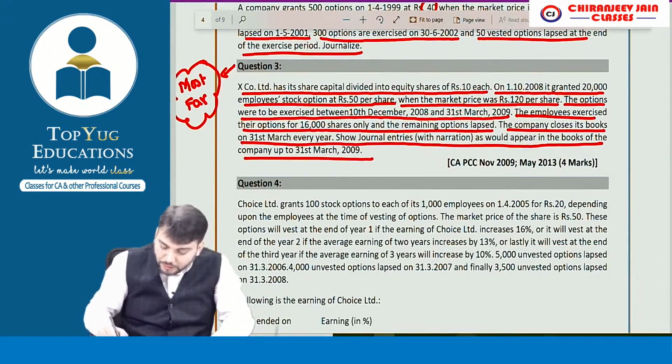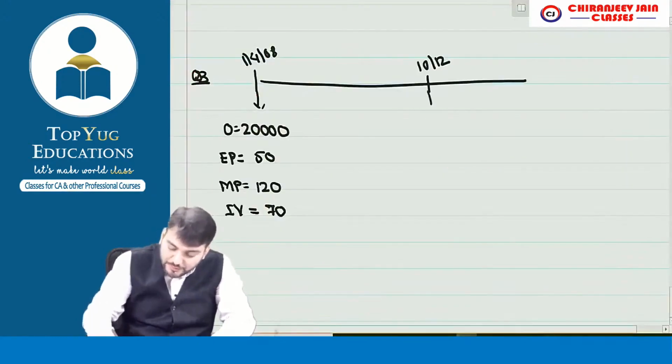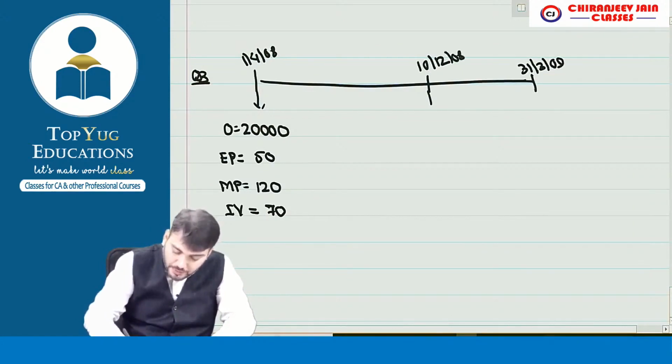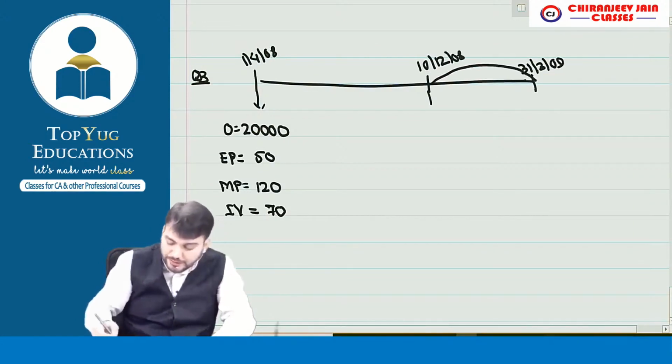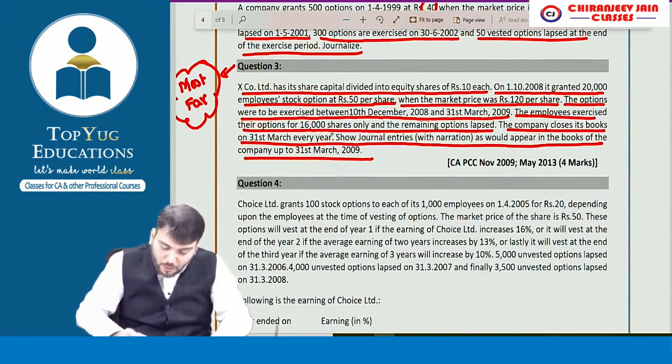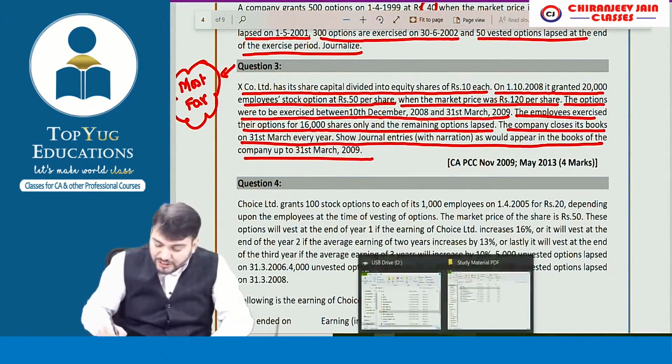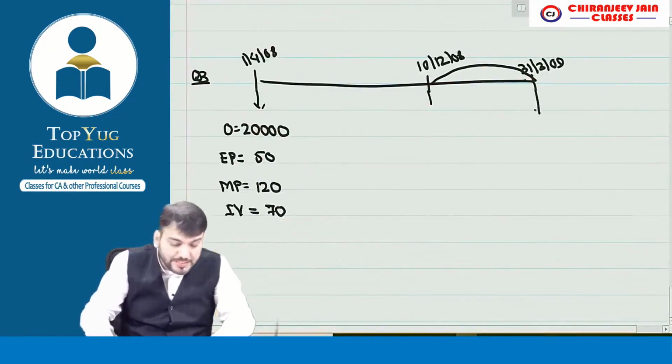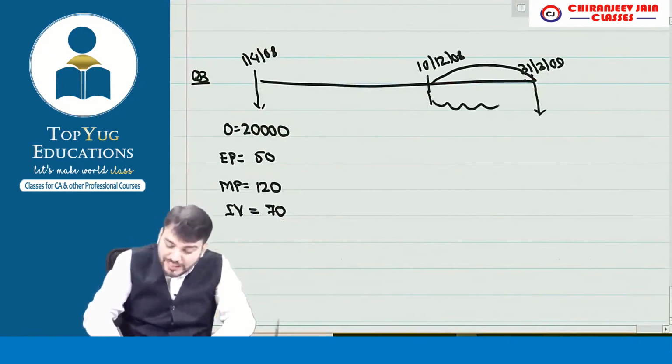On 10 December 2008, this is the vesting day, and the exercise period is up to 31st March 2009. So this is the exercise period. Correct? So how many options were exercised? The employees exercised the option for 16,000 shares. They have not given the date.